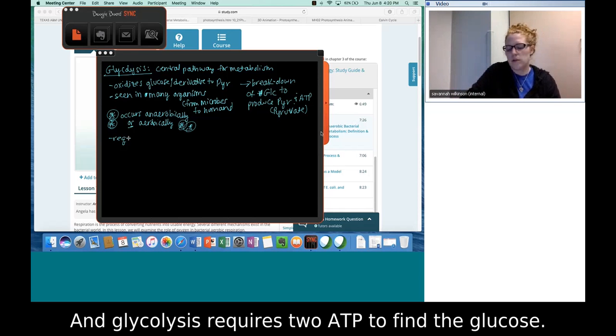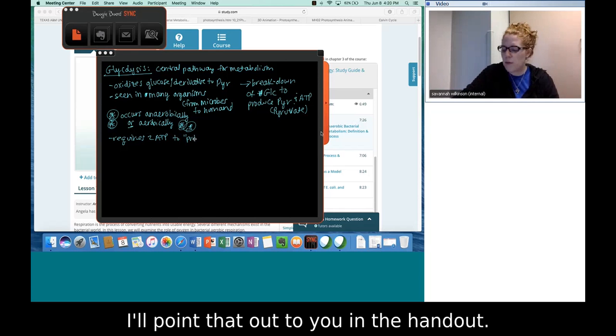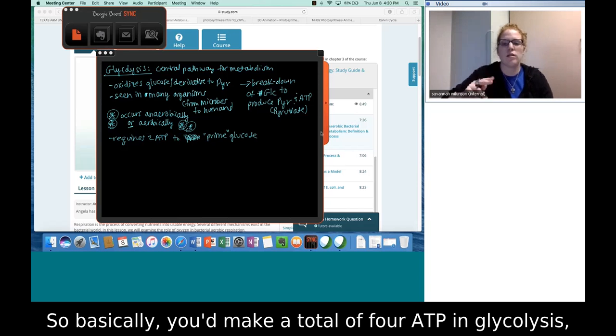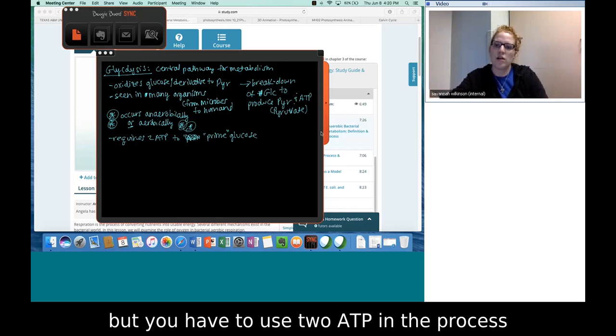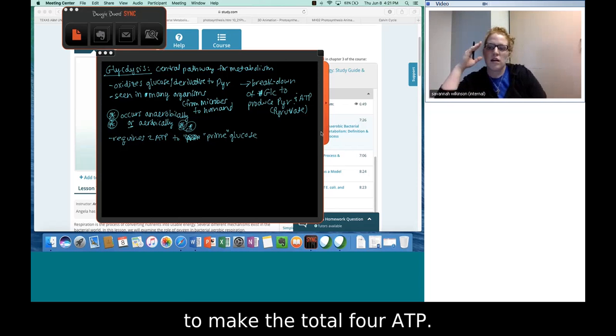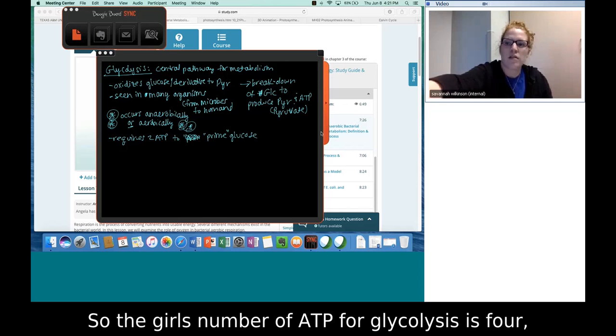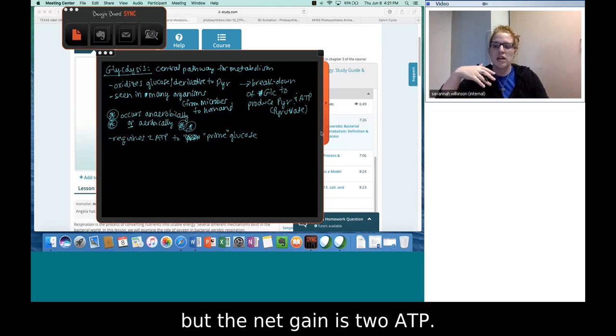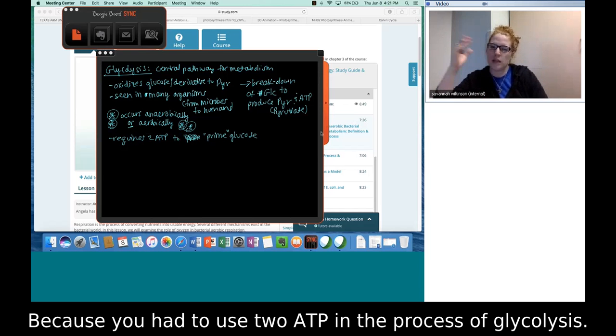And glycolysis requires 2 ATP to prime the glucose. I'll point that out to you in the handout. So basically, you make a total of 4 ATP in glycolysis, but you have to use 2 ATP in the process to make the total 4 ATP. So the gross number of ATP for glycolysis is 4, but the net gain is 2 ATP because you had to use 2 ATP in the process of glycolysis.